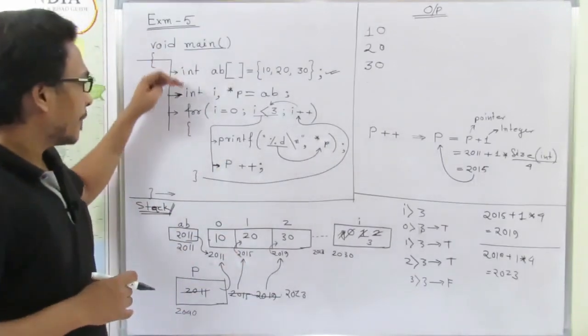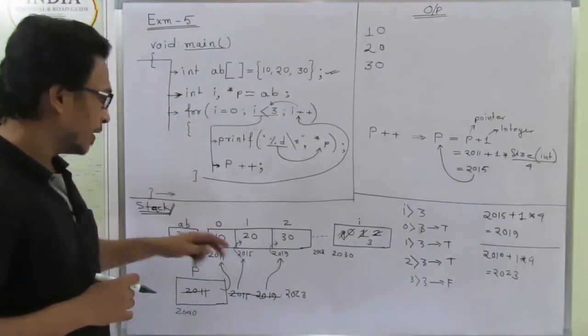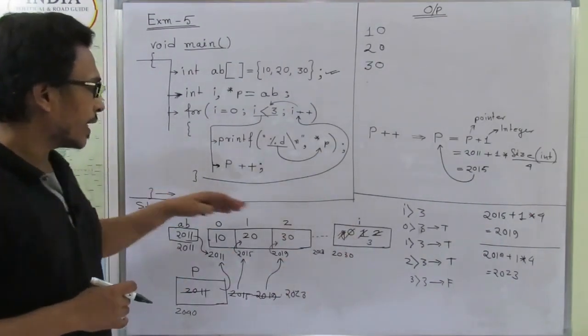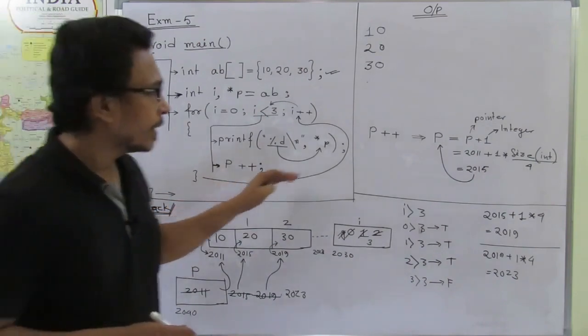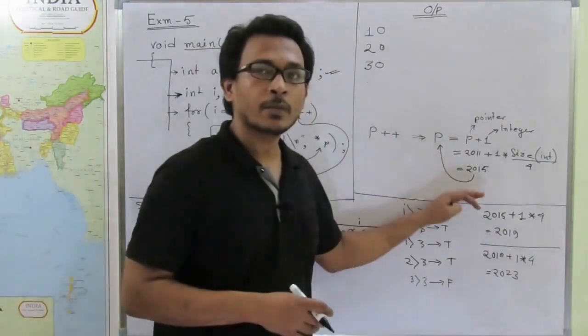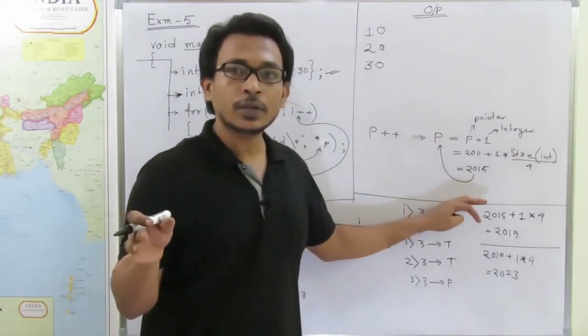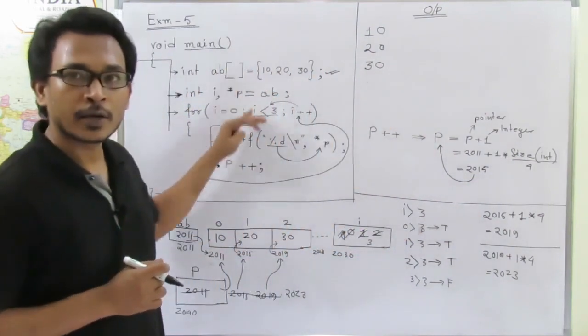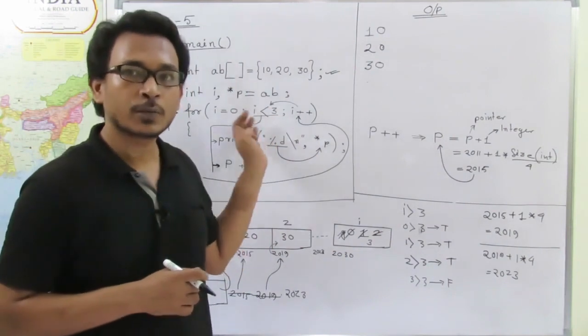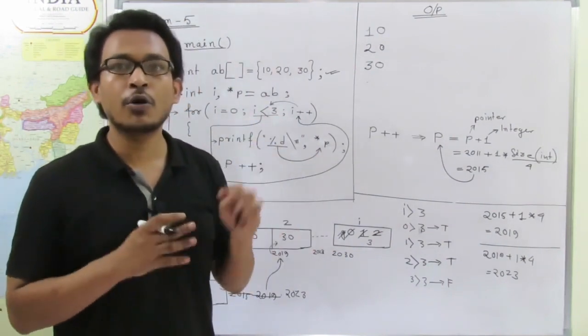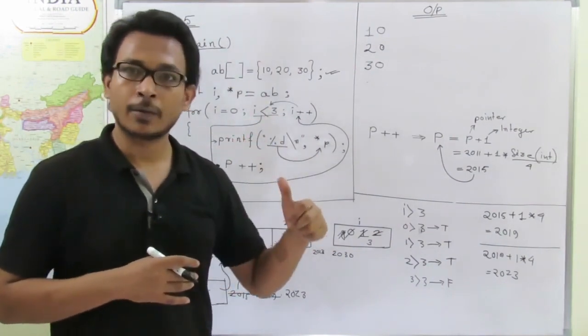So the program execution is completed, and this is all the memory that was allocated by the system while executing this particular program, and these are all the processing parts the system works with at the time of execution, and this is what we get as the result or output of this program. Clear?